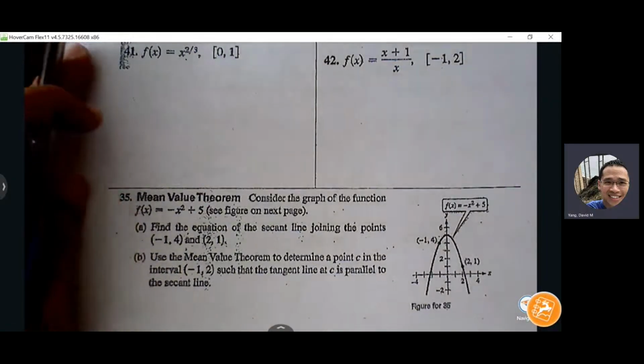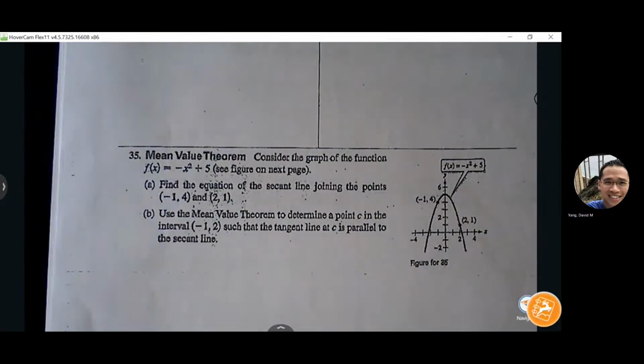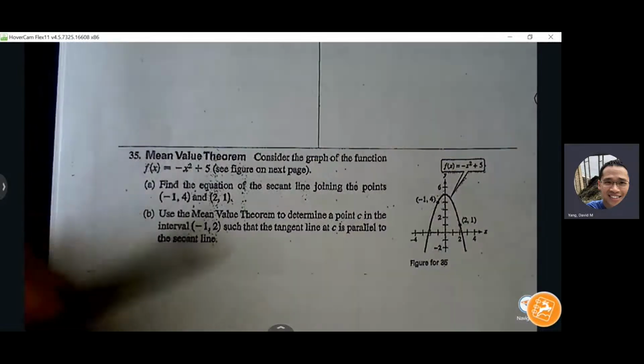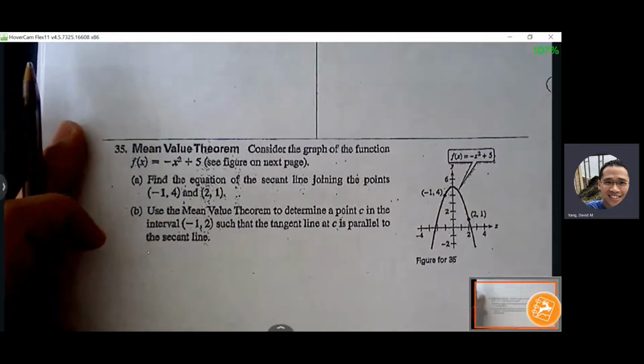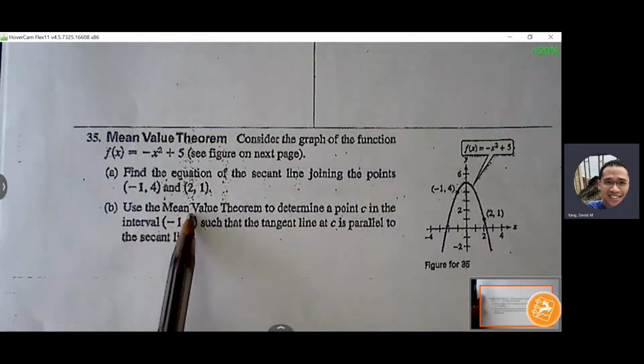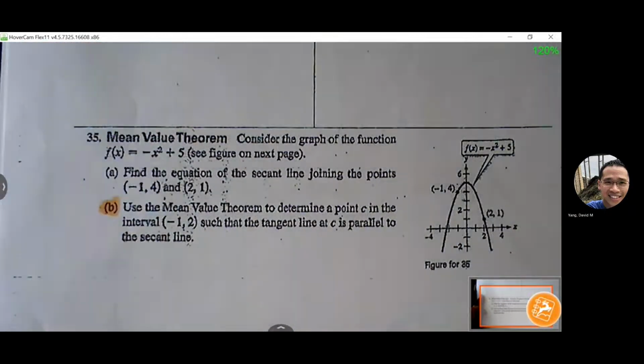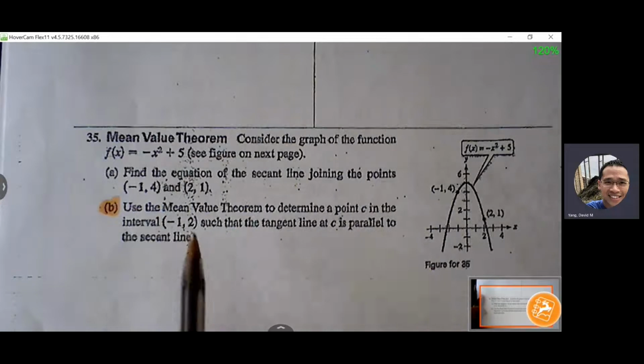So page 4, mean value theorem. Here's the big idea with mean value theorem: we want to find a guaranteed slope. Part B says to use mean value theorem to determine the point on the interval from -1 to 2, such that the tangent line is parallel to the secant line.